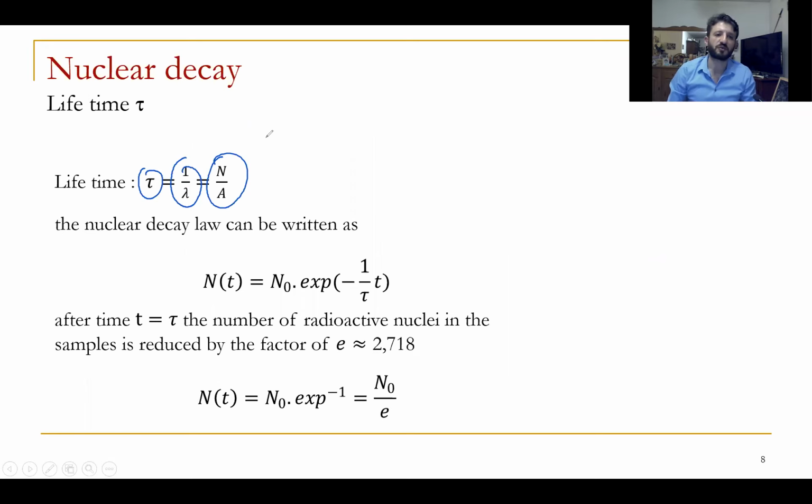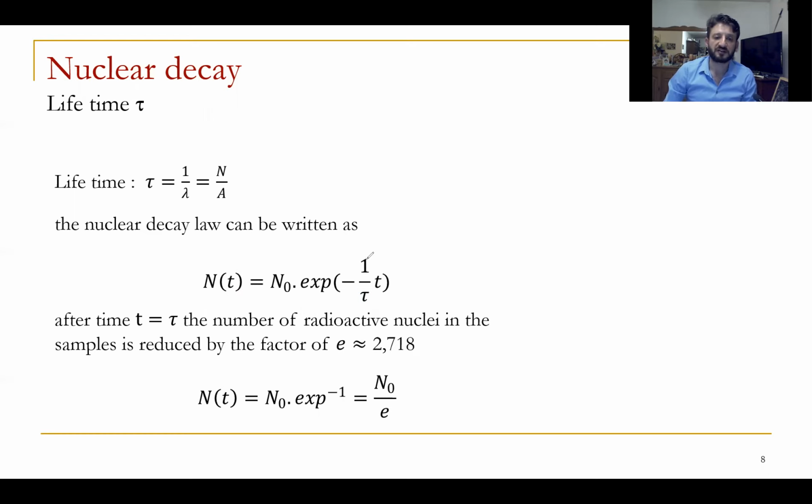It's just a relation between the lifetime tau with respect to the number of unstable elements and the activity. Now the nuclear decay law, we can write N(t) in terms of tau. N(t) equals N0 exponential minus t times lambda, where lambda equals 1 over tau.